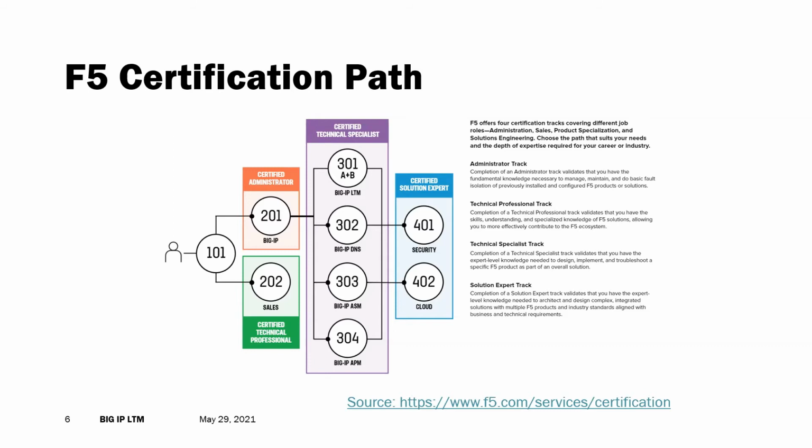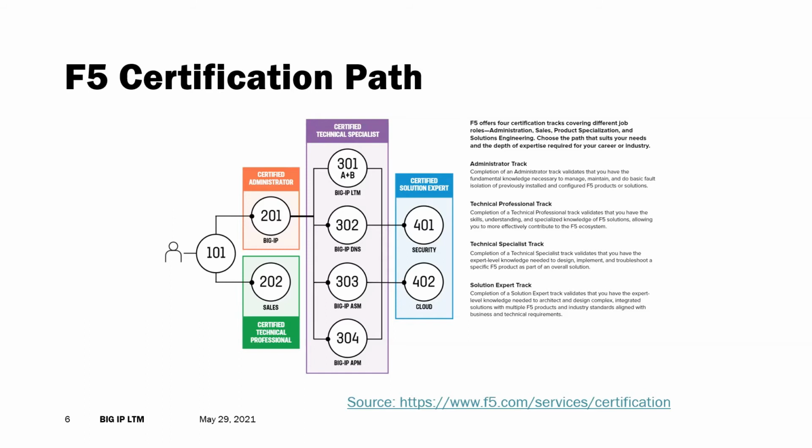If you are done with your 201, then you can move from the administrator track to the specialist track. There are different modules, like 301, which is a combination of two exams, 301A and 301B. The A is more specific to how you are going to deploy things, and the B is more specific to how you are going to troubleshoot things.